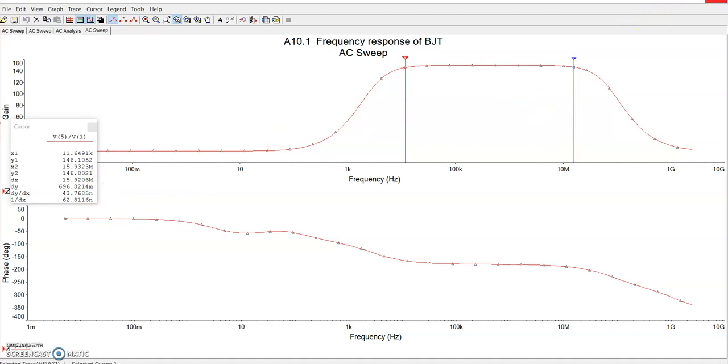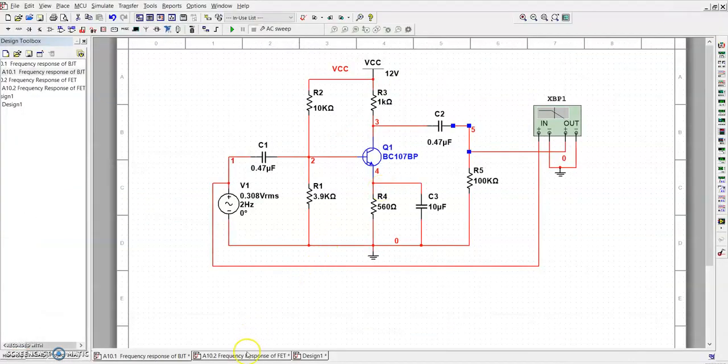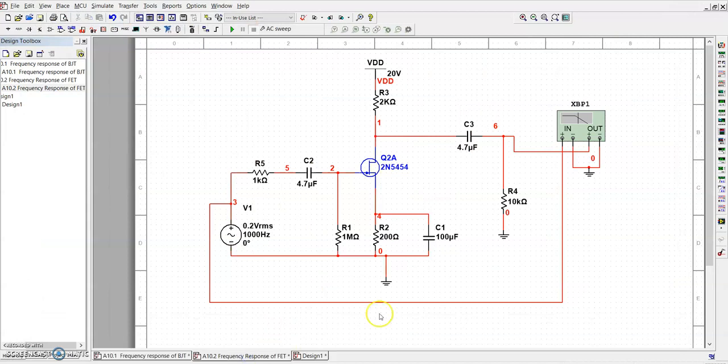Similarly, we can do it for the FET amplifier also. I have already given the circuit diagram. This is the circuit diagram. Here I have connected the number 6 terminal to the output. Here the input is number 3.